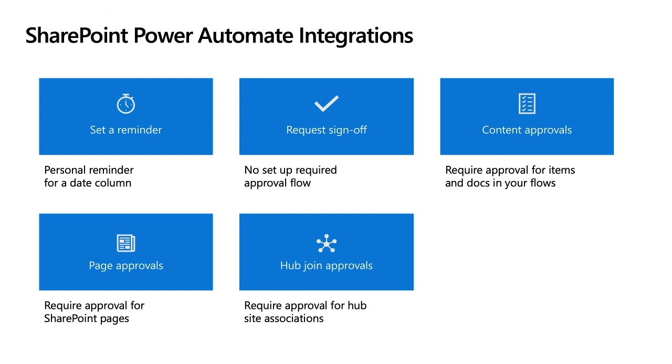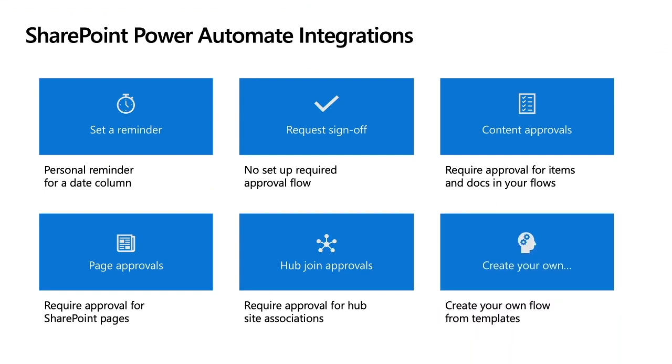And if none of these scenarios are able to help you, we have the ability to create your own flow templates and build your custom processes and workflows in the Power Automate platform. That starts with interacting with the many connectors available in the Power Platform.